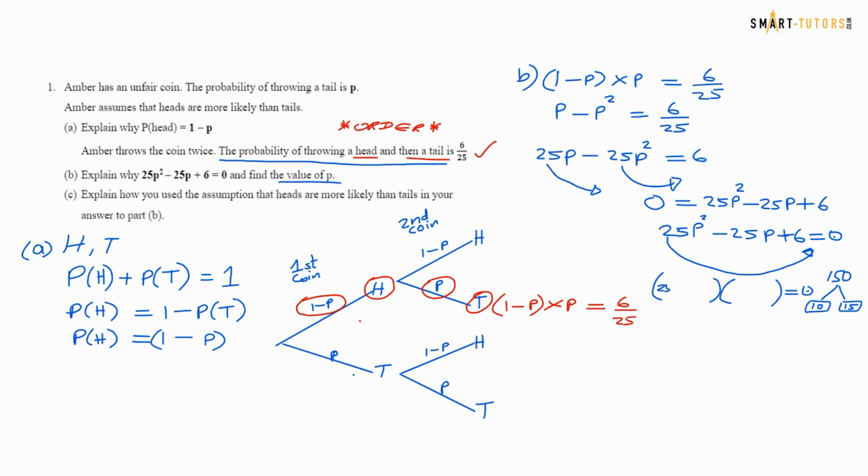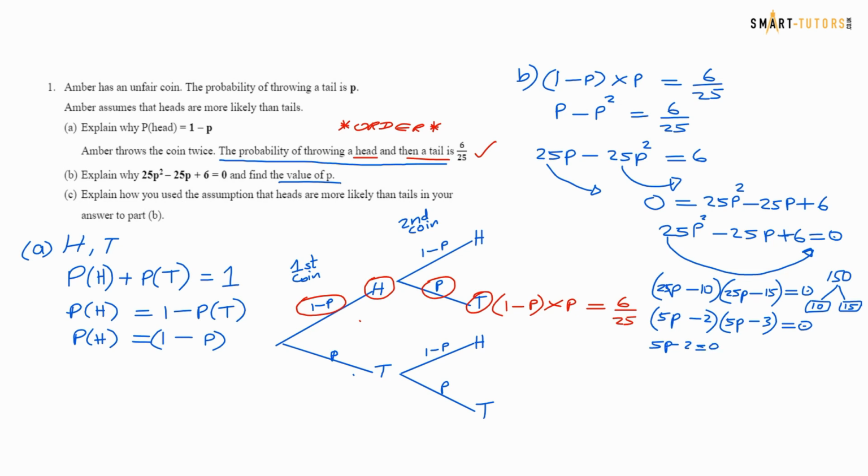So write 25p, both are minus, so minus 10 in one bracket and 25p minus 15 in the other. To simplify, you can cut both by 5. So 5p minus 2, and the next bracket, cut this one by 5, 5p minus 3 equals 0. So the first bracket can be 0, so 5p minus 2 equals 0.